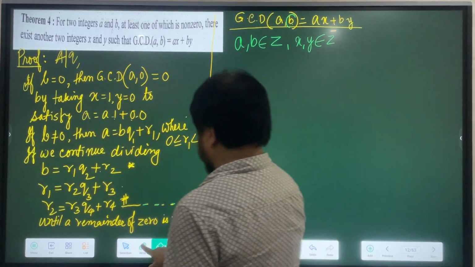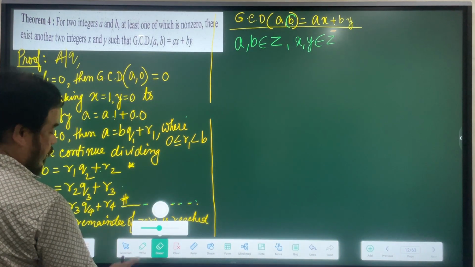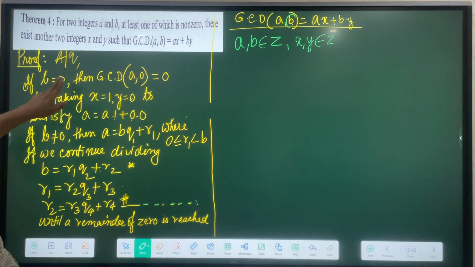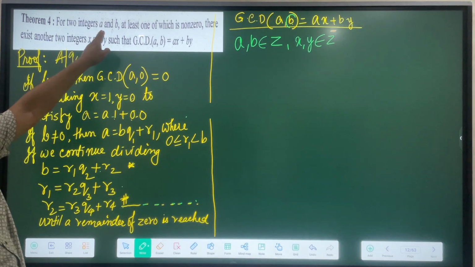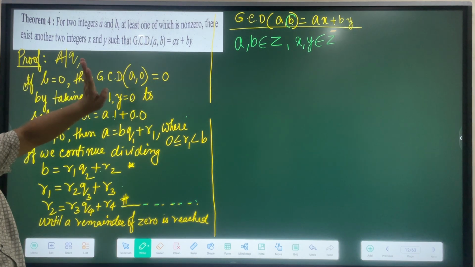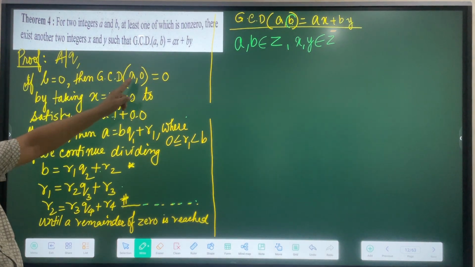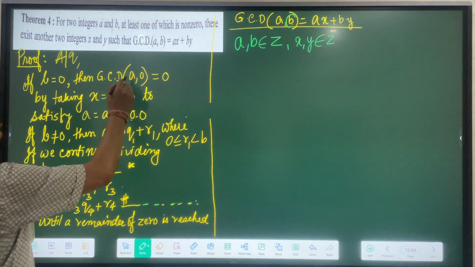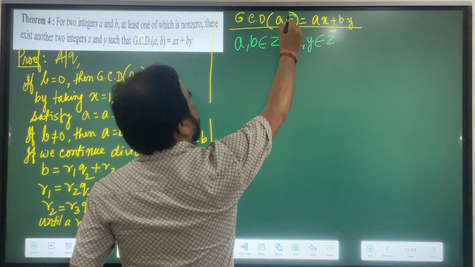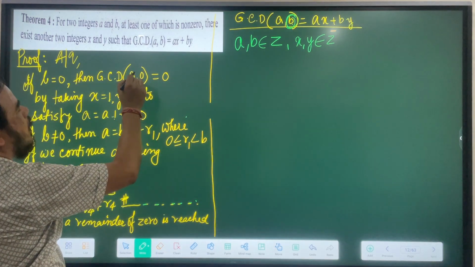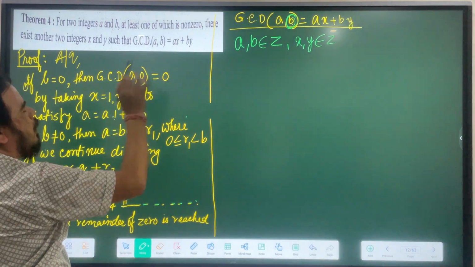Okay. Now, if b equals 0, here it is given a and b, at least one of which is non-zero. Now we are taking b equals 0. Then GCD of a, b will be a, because in place of b now there is 0. So the HCF, or GCD, of a and 0 will be a.